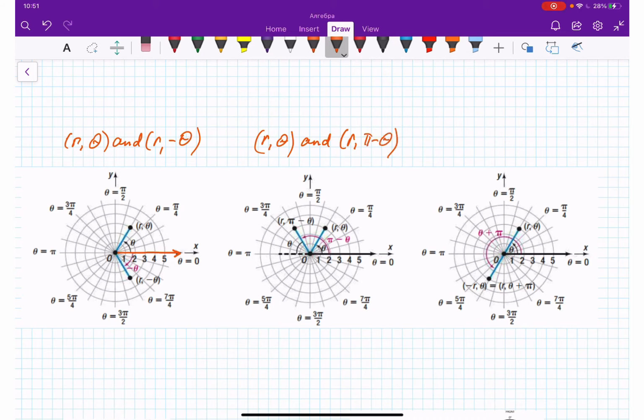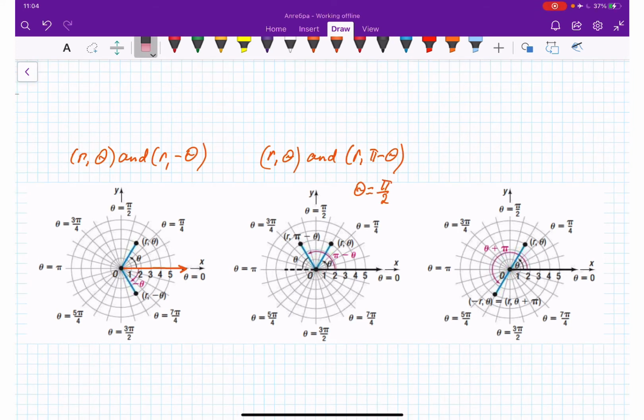They are symmetric with respect to the line theta equals half a pi, which is the y-axis.